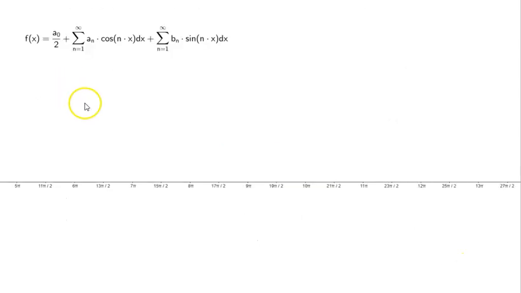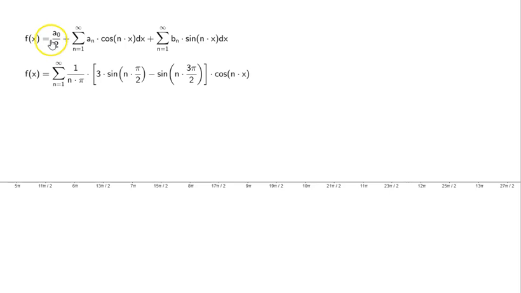Let's apply these values in the Fourier's formula. F of x is equal to, now a naught is 0, bn is 0. So those two disappear. We are left with only the cos term. So we substitute that.